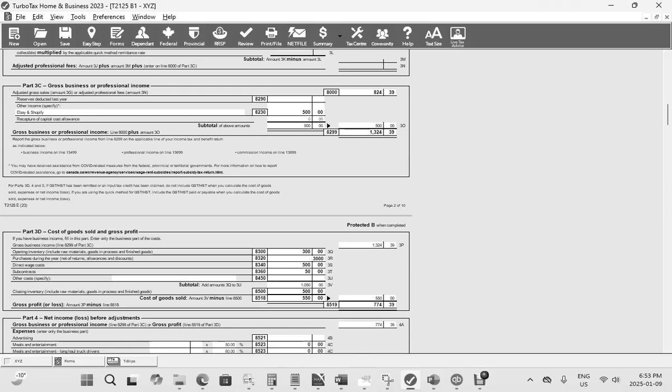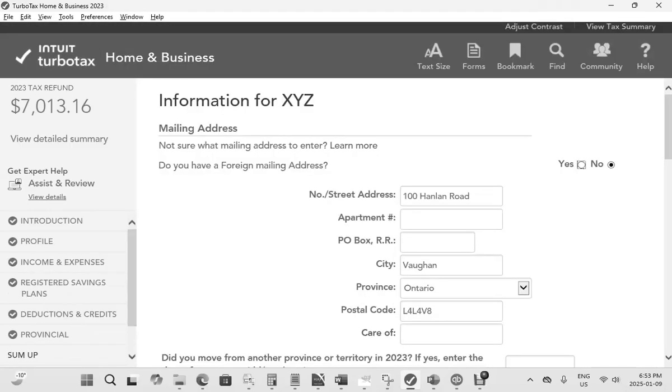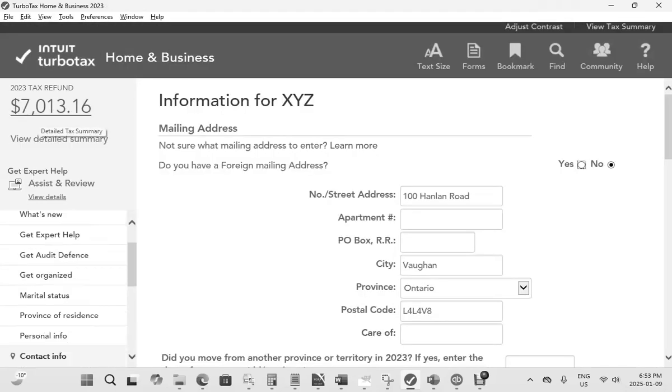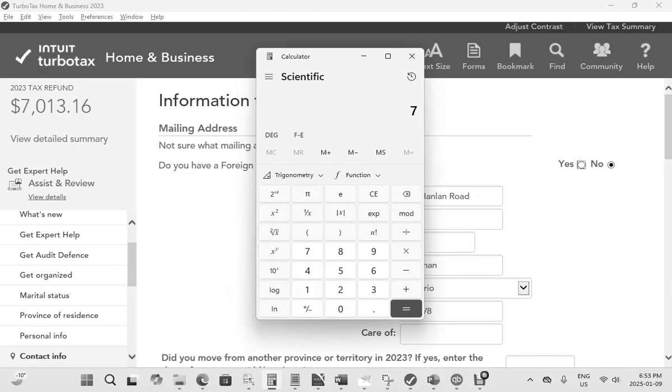Notice your tax refund: $7,013.16. So that's a total of just over $350, $392.85, a few dollars short of $400.